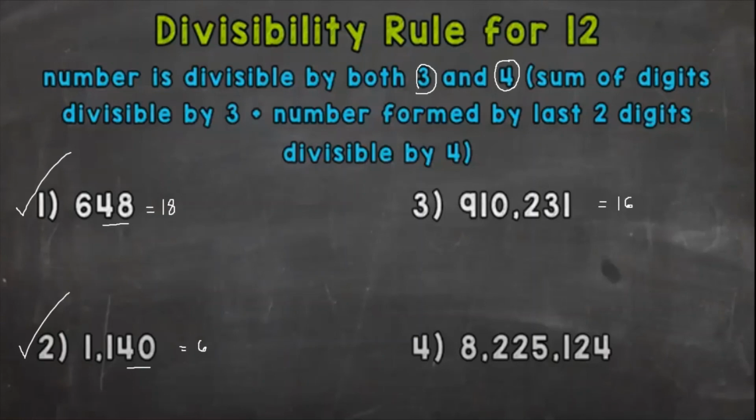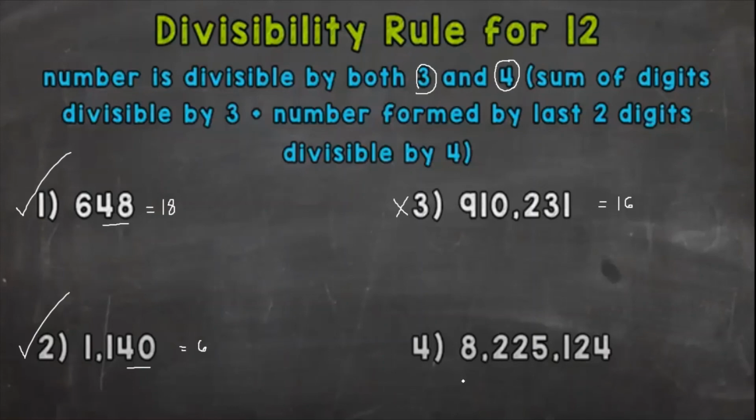Because 3, 6, 9, 12, 15, 18. So we don't have 16. So therefore, number 3 here is not divisible by 12. So always remember that a number can be divisible by 12 only if it is divisible by 3 and by 4. Now let's proceed to number 4.